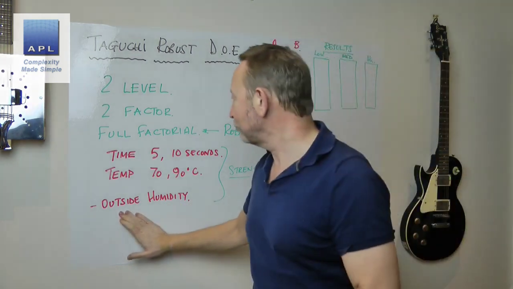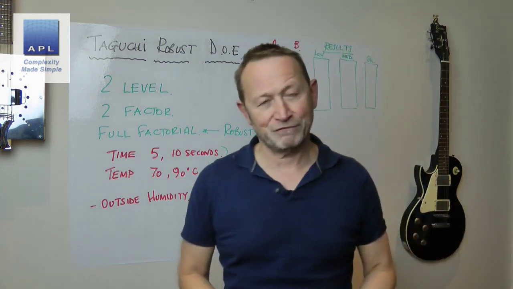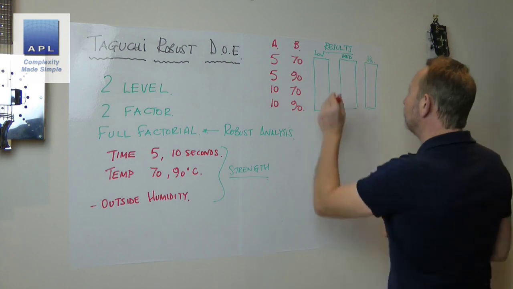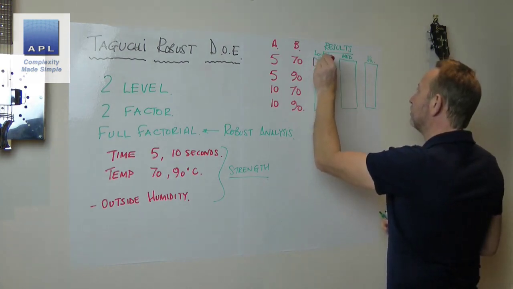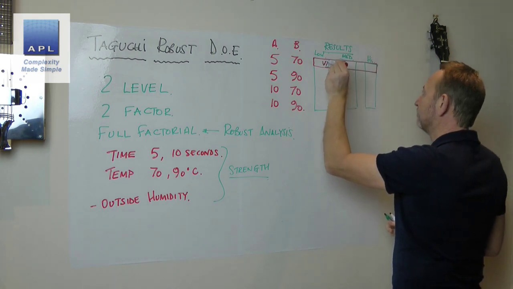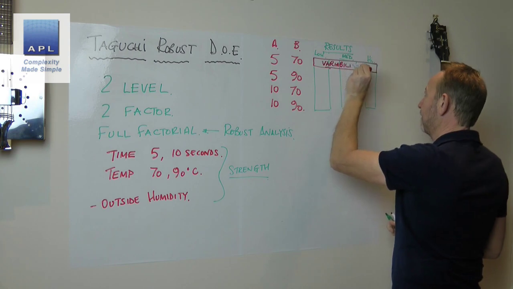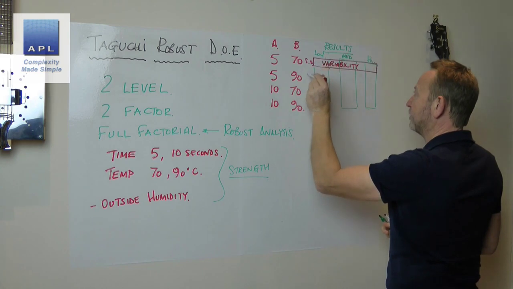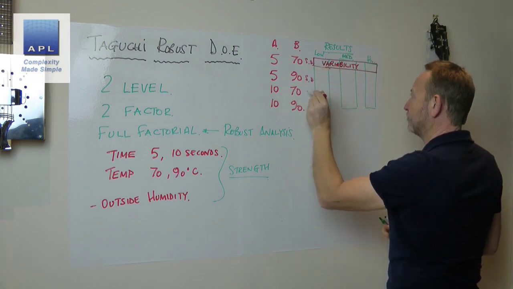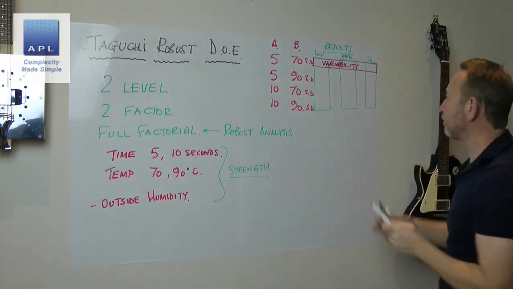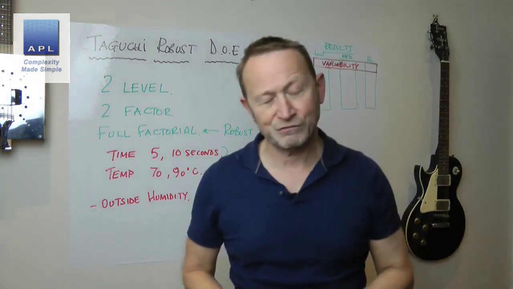Now we've got the results. Now where does the robustness come from? Well, the robustness comes from this. What you're going to do now is you're going to analyse for variability. So what you'll end up with is typically a standard deviation value across the 3 sets of results.